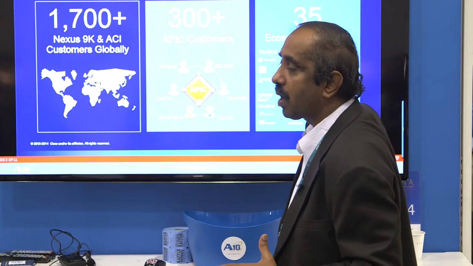If you walk from the South Hall to the North Hall, you'll pretty much see all these partners. That gives you a testimonial to the openness of the ACI platform. So what is relevant in this presentation is A10 Networks is one such valuable ecosystem partner of Cisco that has integrated their solution with Cisco ACI.